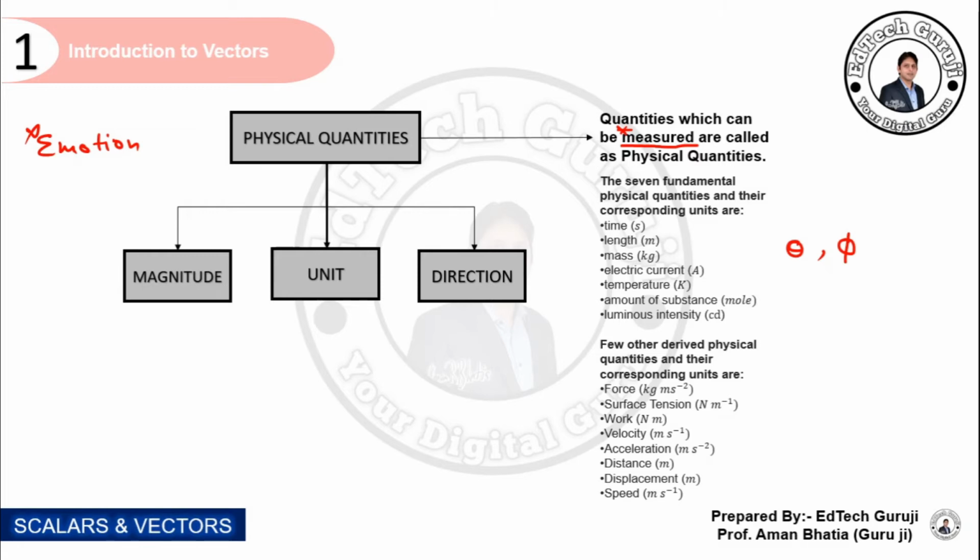So I will just keep it a little separate for now. Now magnitude here is basically giving me an idea about how much, that is, it is a number which is representing whether it is more or less in terms of number comparison. Unit is how I identify the quantity in physics, and direction, if at all it has a certain direction, I need to represent it. So let us move ahead.